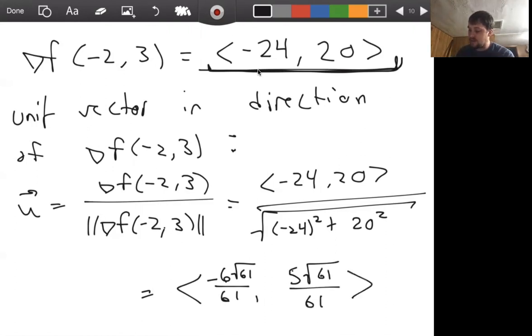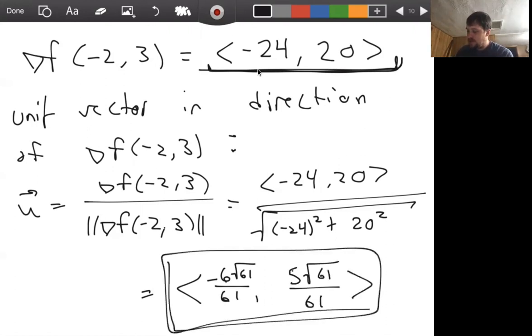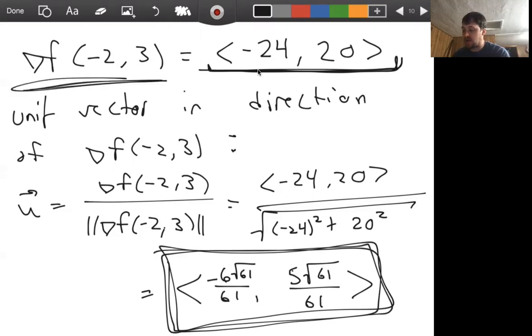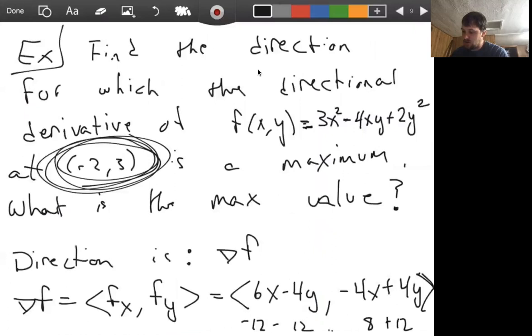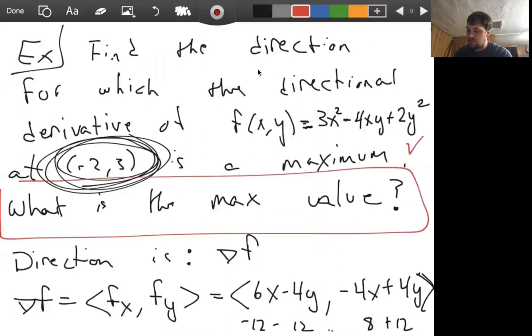And this is the direction for which our function is increasing the most rapidly at the point negative 2, 3. And what is the maximum value? Well, we found the direction. Check. The next one is, what is the maximum value?